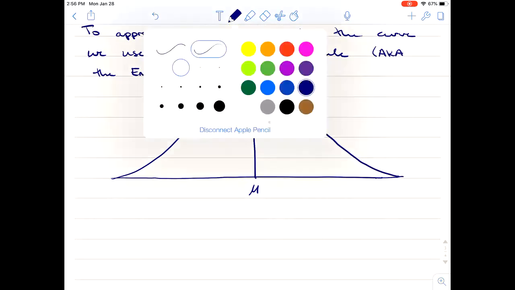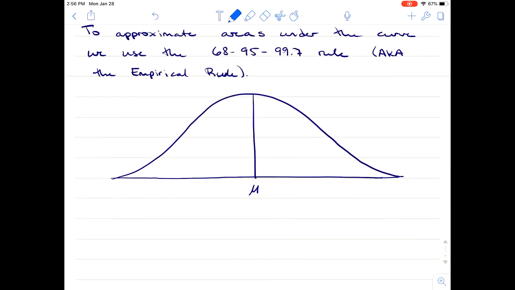And then what we're gonna do is dice up our axis, just like we did earlier: mu minus sigma, mu minus 2 sigma, mu minus 3 sigma, and then up, mu plus sigma, mu plus 2 sigma, mu plus 3 sigma.